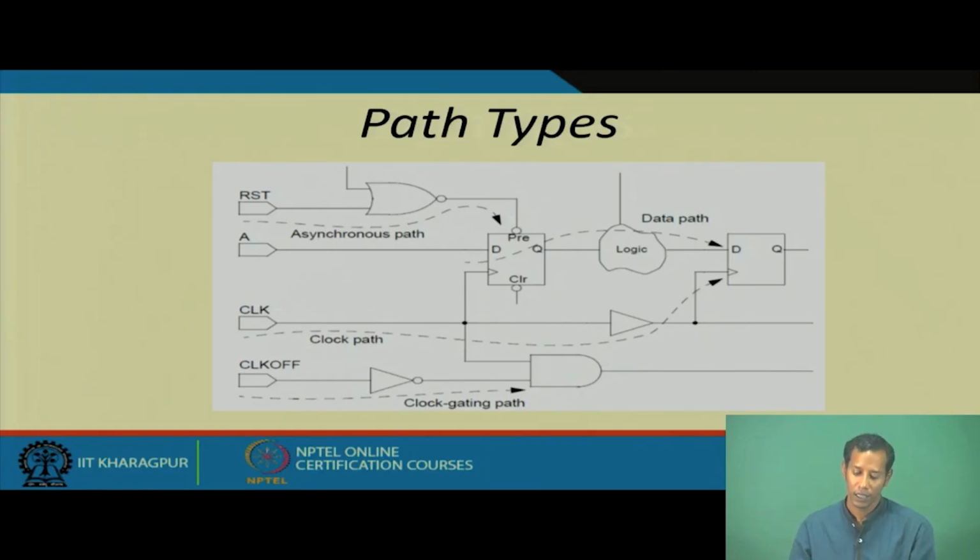So, mainly this is for low power technique. Suppose I design this particular circuit, and the clock is basically free running, that means it is continuously running. In some case, consider that the A value is 0, it is not changing its value, that means A is fixed to let us say 0 or 1.